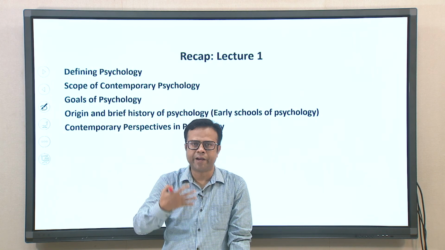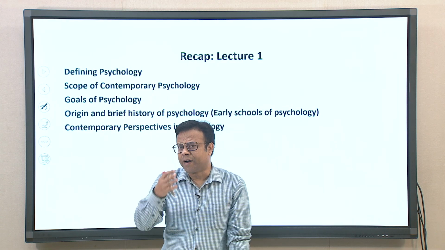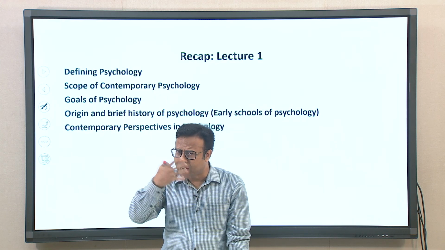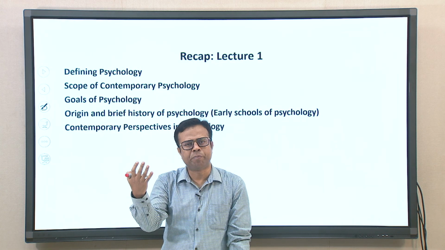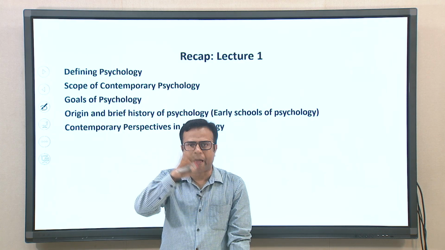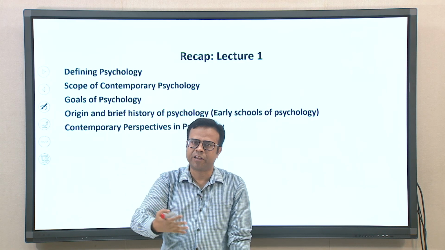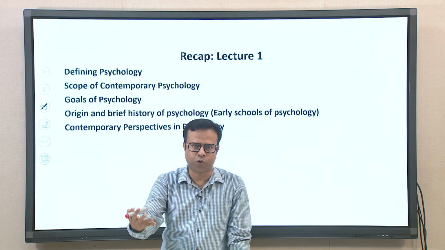There are 4 main goals of psychology, and how these goals connect to understanding human behavior from different angles: describing, predicting, explaining, controlling and so on.